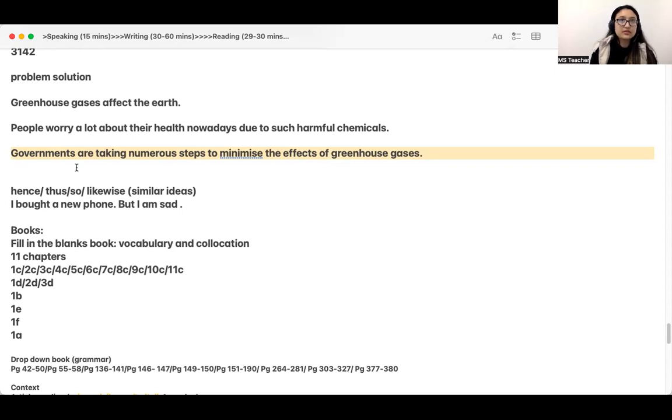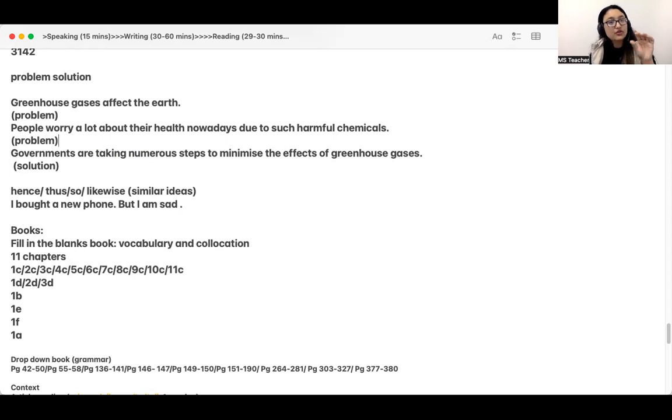So governments is a broader term, we have to use the word governments first. But you are forgetting that this is a solution. That's a solution. This is a problem. Problem comes before the solution. Worry is also a kind of problem. Now put problems together and then the solution in the end.